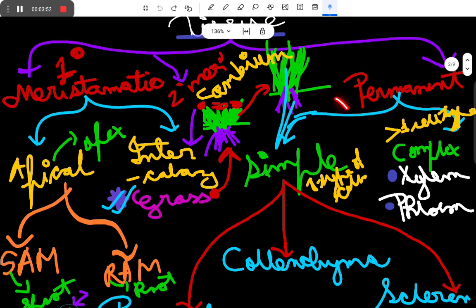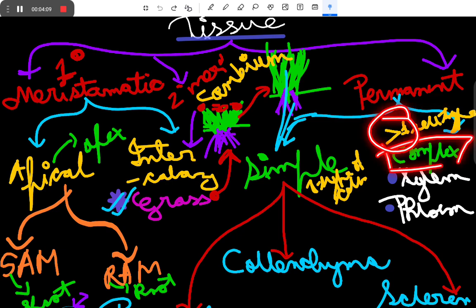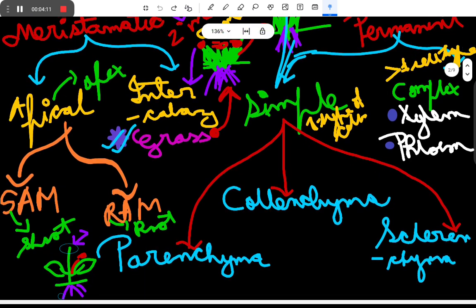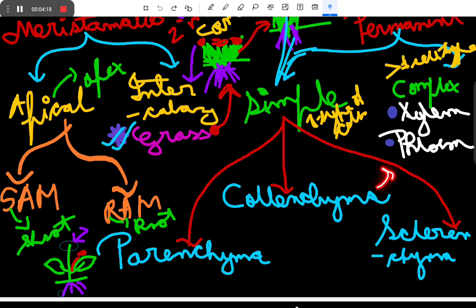Now, permanent tissue. Permanent tissues are of two types: simple permanent tissue and complex. The simple permanent tissues contain just one type of cell, whereas the complex permanent tissues are made of more than one type of cell. This is in contrast to what you studied about tissues in lower grades, that tissues are made of the same kind of cells, right?